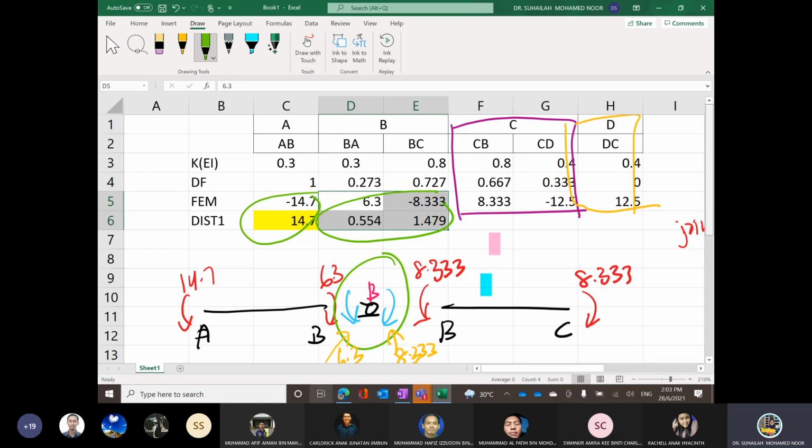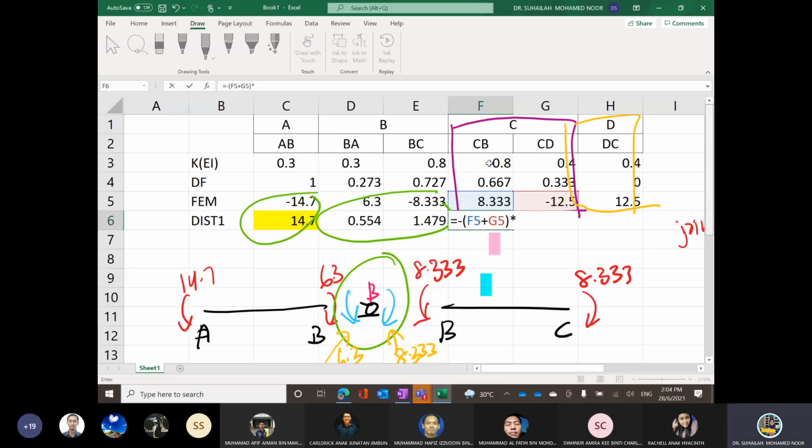Okay, so we continue the process. We move to joint C. So I put negative, and then total moment. So just choose CB plus CD. For C, the moment that we consider at joint C is actually negative 8.33 and positive 12.5. But in this calculation we have put negative to represent that one.